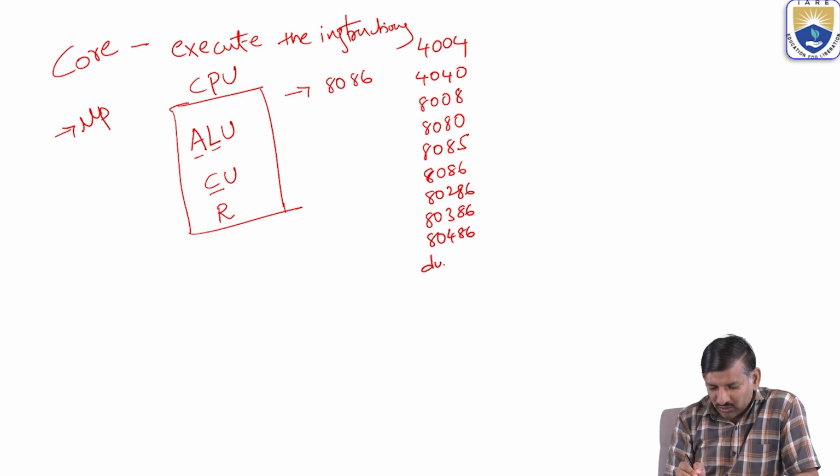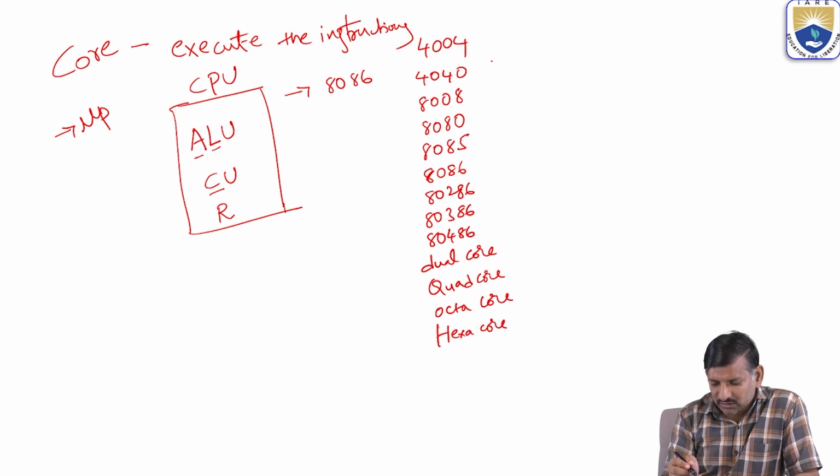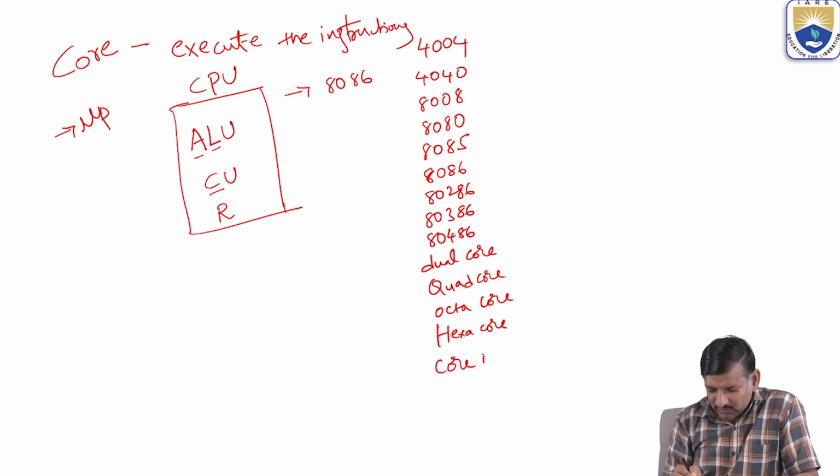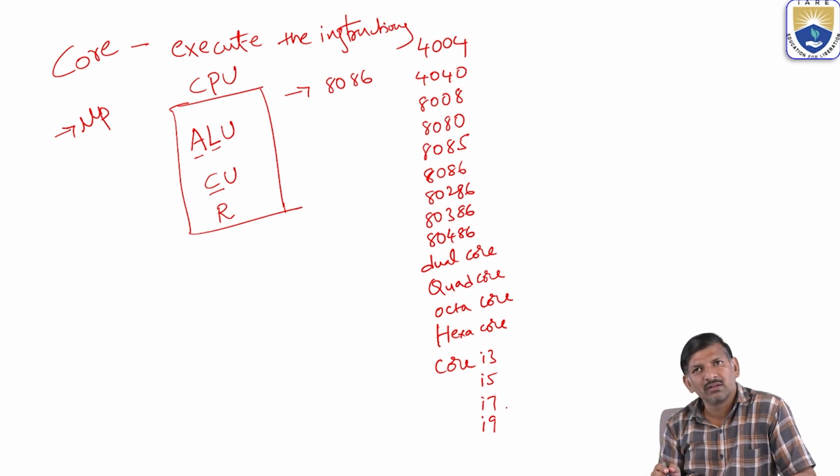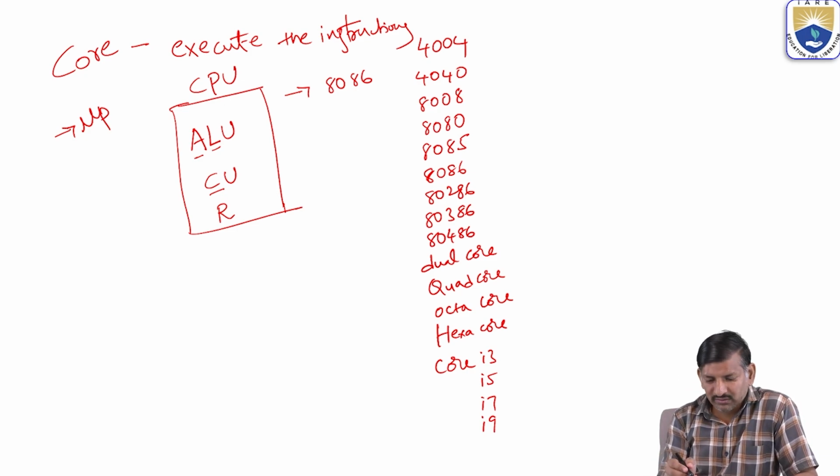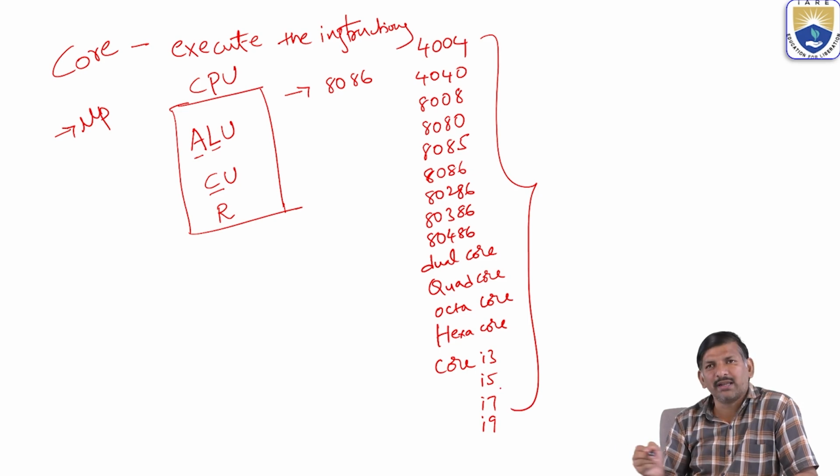Next, dual core. Next, quad core. Next, octa core. Next, hexa core. Next, core i3. Next, i5, i7, i9. Like this, various processing elements are there.